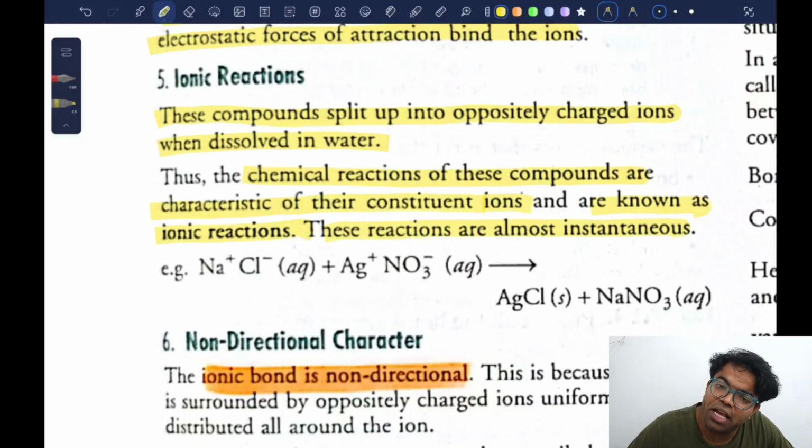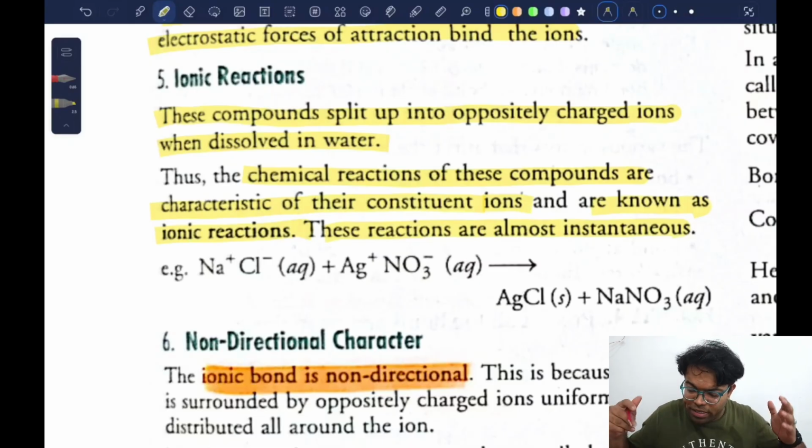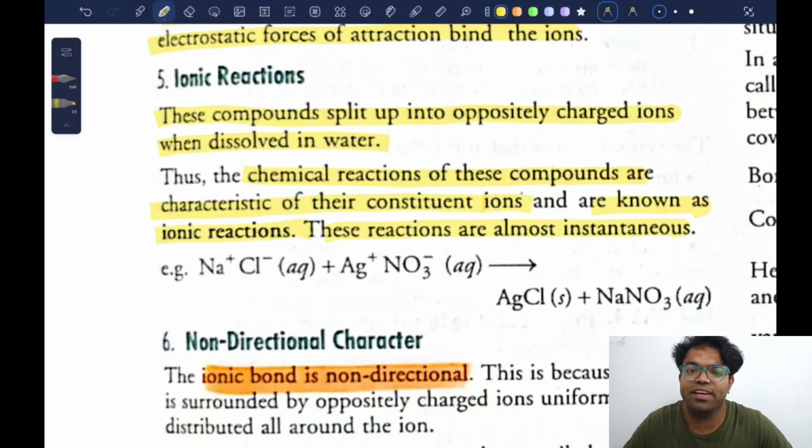It could be an addition reaction or a substitution reaction, but the reactions are usually slower in the case of covalent bonds. In the case of ionic bonds, because they are split into their ions, they are ready to react as soon as their counterparts are present, like in the case of an acid or a base. They'll complete the reaction. They are very fast.